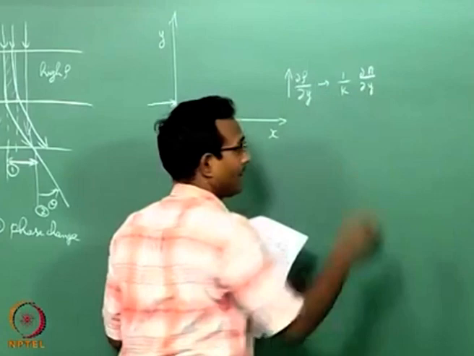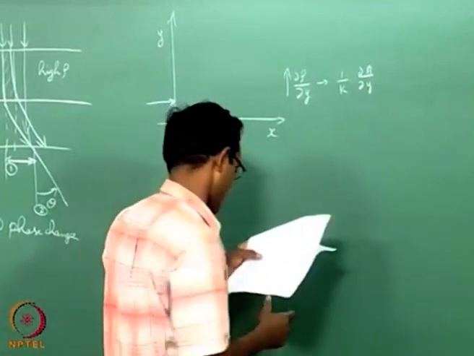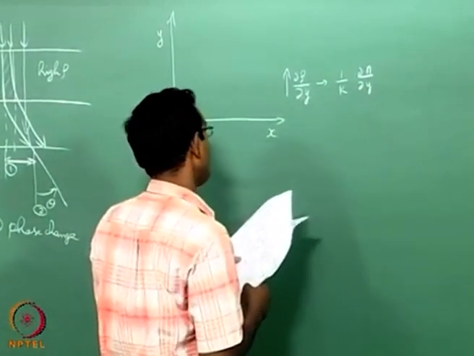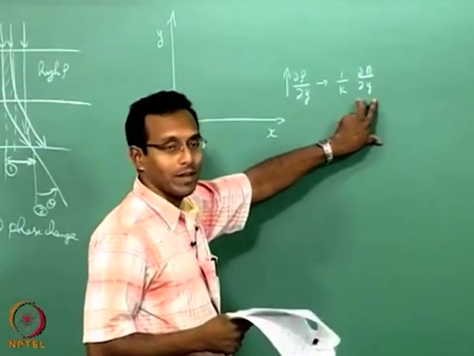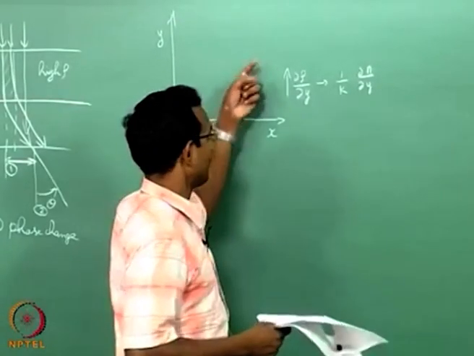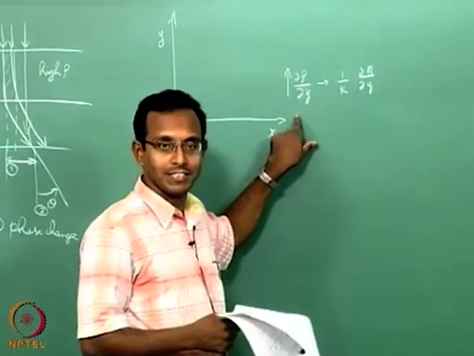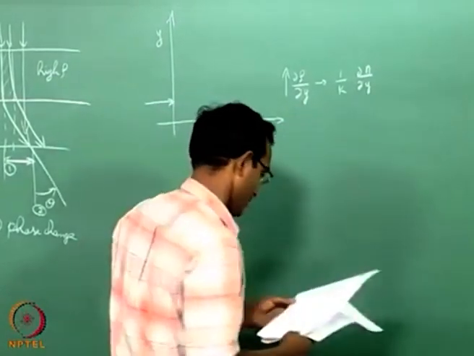This is coming from the Gladstone-Dale formula, of course. Now actually what I want is dou n by dou y from the deflection. From there I can go back and find out the dou rho by dou y, whichever way you look at it.